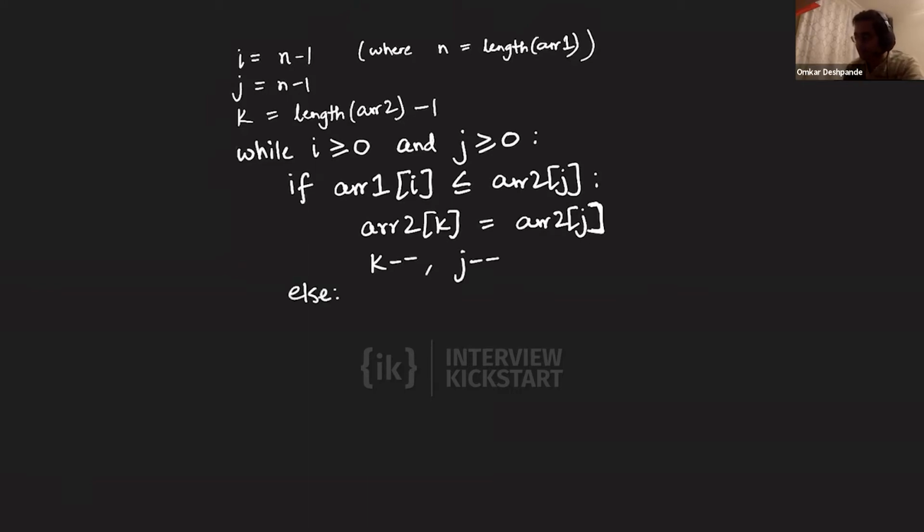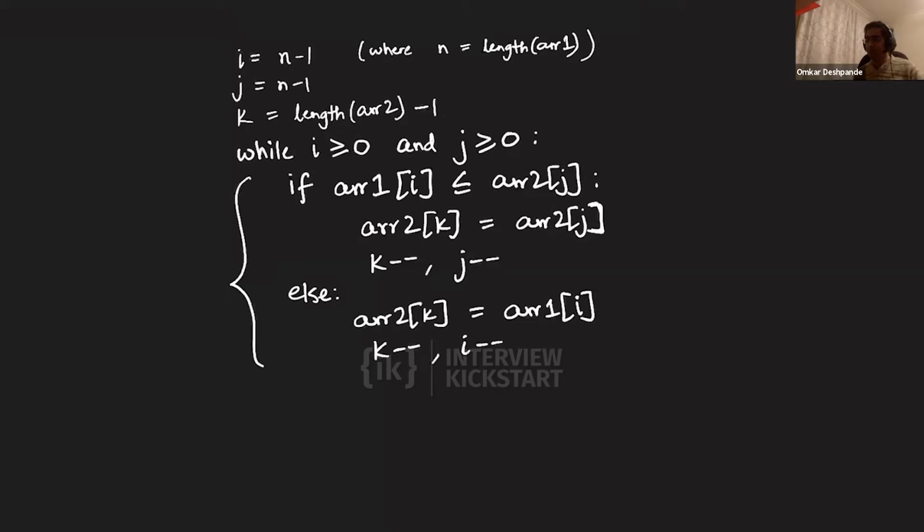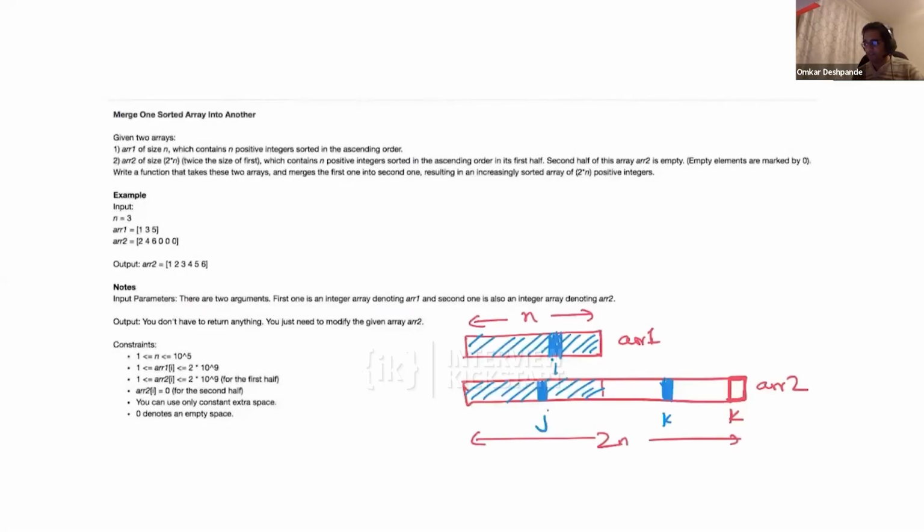And in the other case, where array 1 has the larger value, we will copy that into the second array at that same index, decrement k as well as decrement the i pointer. We keep doing this until one of the two arrays jumps off the legal boundaries of its array.